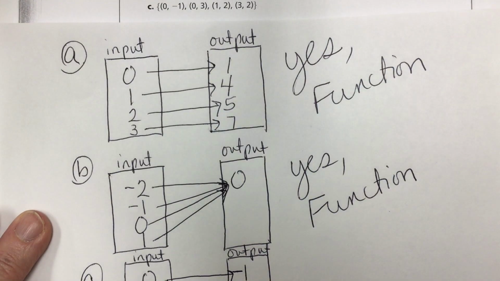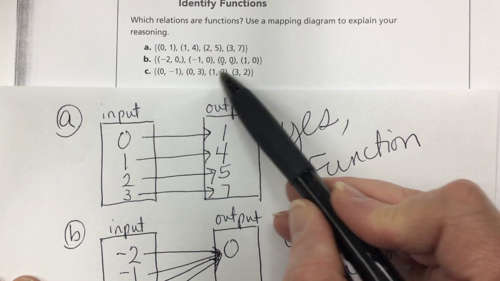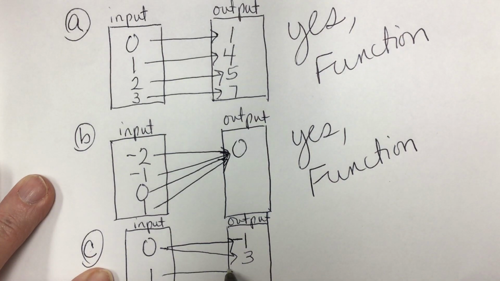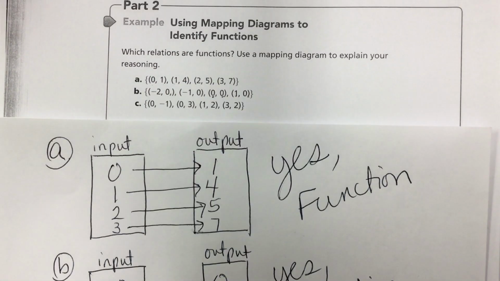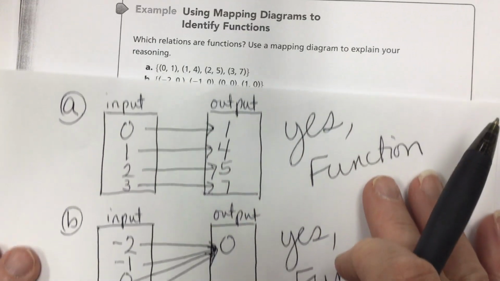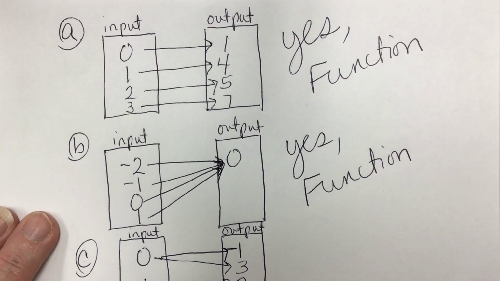So we have the same 0 also pairing with +3. Going back to C, 1 corresponds to 2. So I have 1 corresponding to 2. And then also in C, 3 corresponds to 2. So I have 3 corresponding to 2.